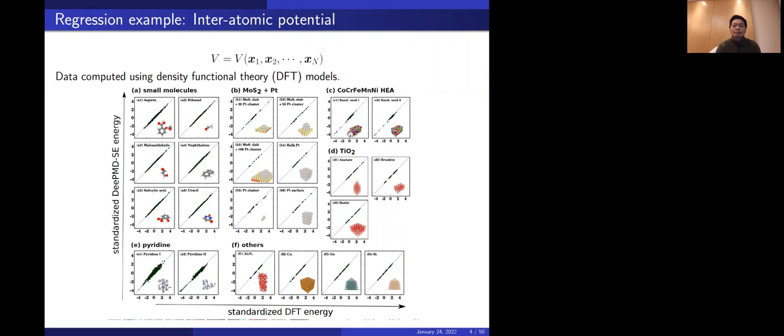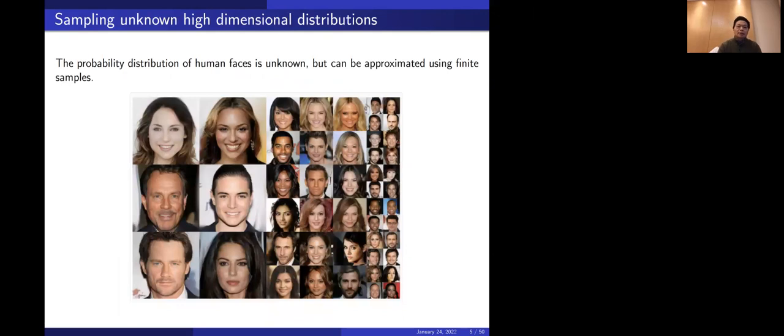And this is a very complicated system, the so-called high entropy alloy. It's got 5 components, oxides, etc. So across the whole wide range of systems, the accuracy is pretty much as good as the accuracy of the quantum mechanics model. And third example, what you're looking at are images of a human face.